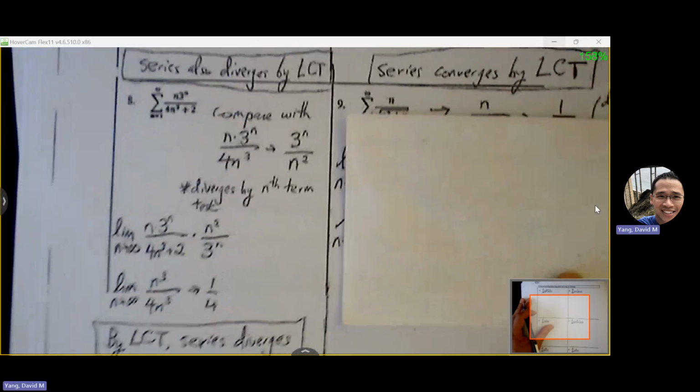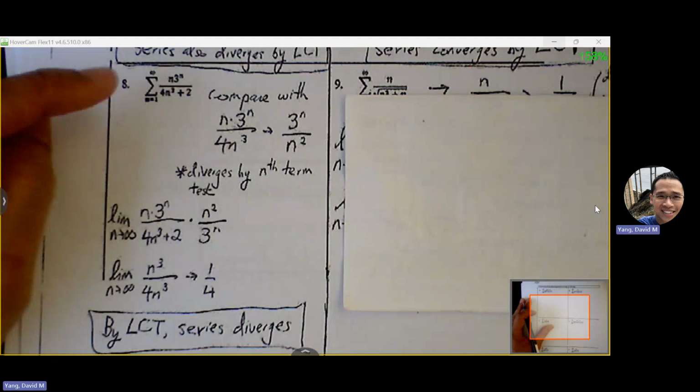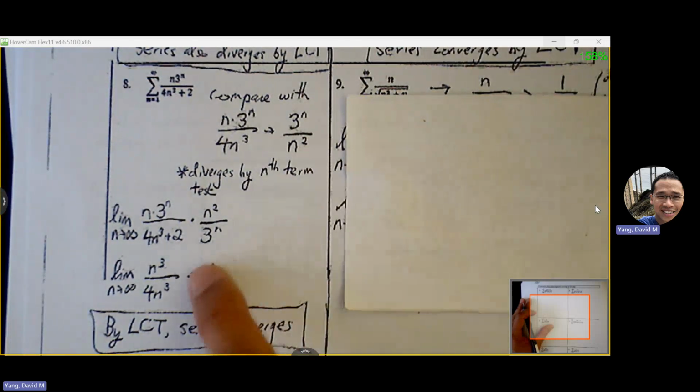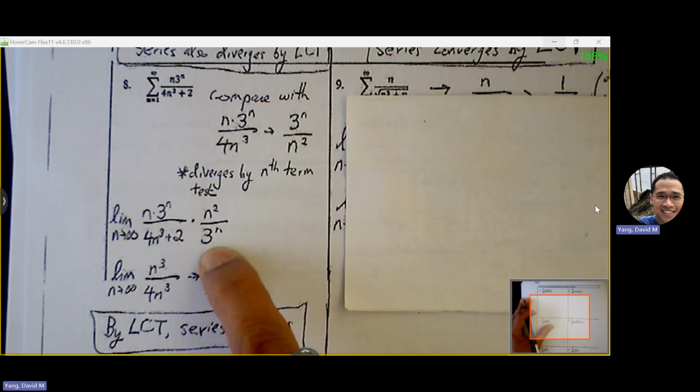Dividing by a fraction is the same thing as multiplying by the reciprocal. So I'm just going to take my series and multiply it by the reciprocal of my comparison partner.